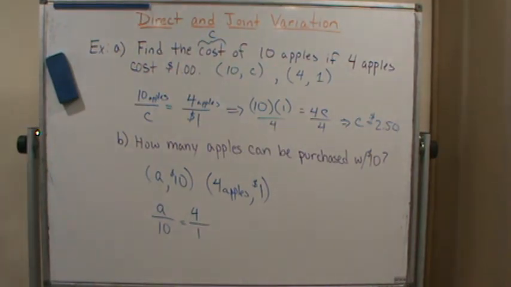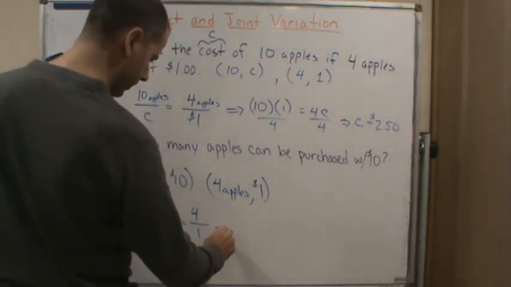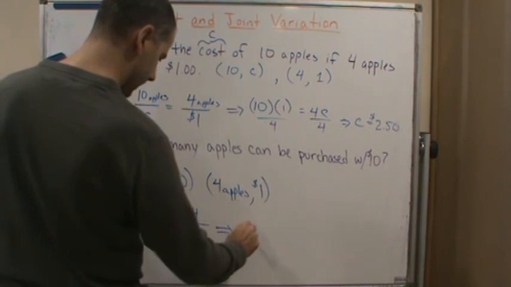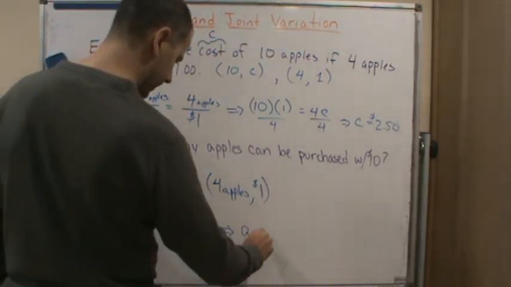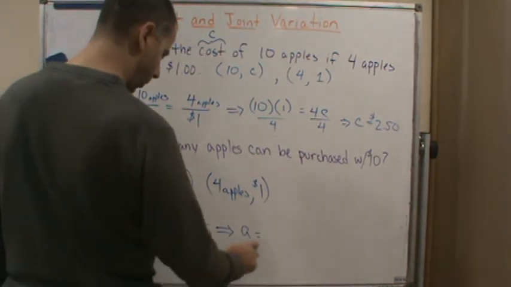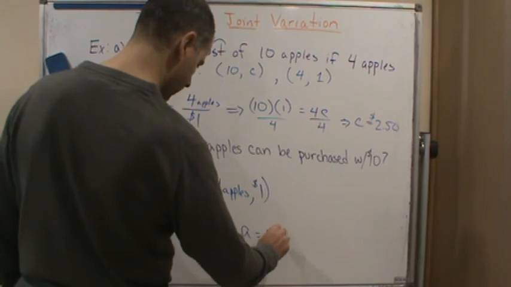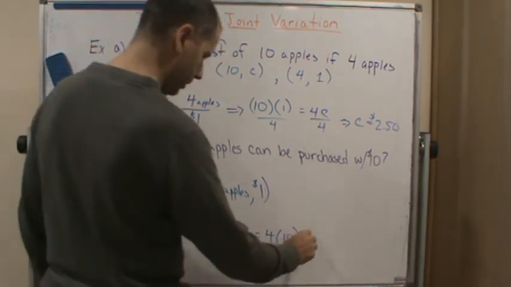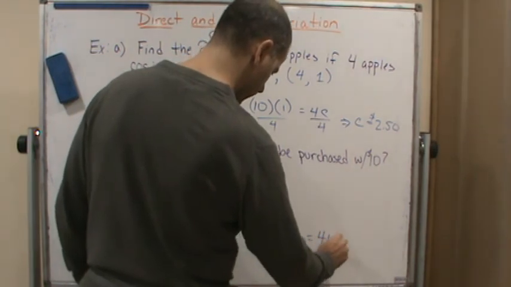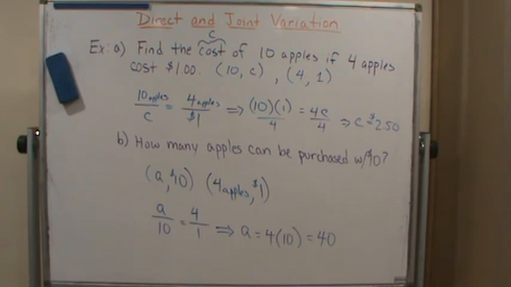Then I'm going to cross multiply, and I get 1 times A is equal to 4 times 10. So I get 40 apples.